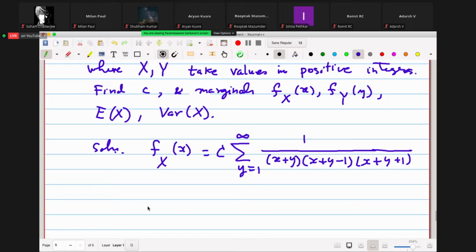So I have to write this carefully. X is fixed and y is varying. So c times the summation.